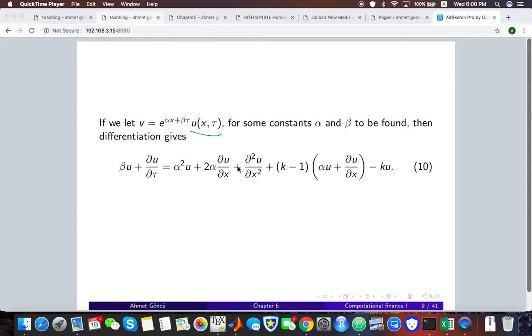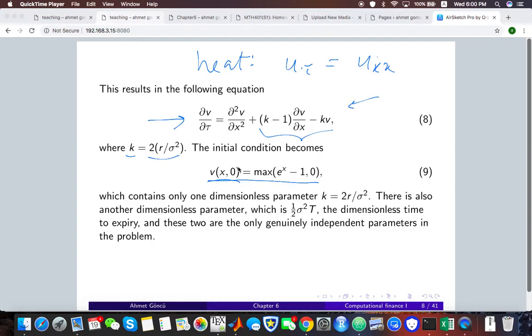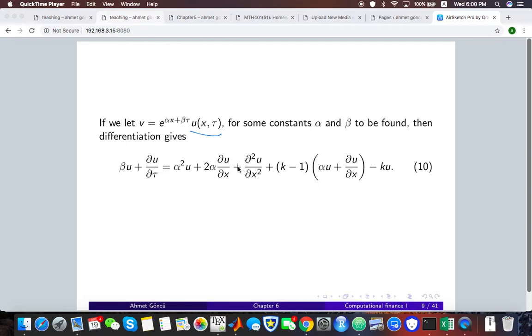By doing this trick and again substituting each of these partial derivatives with respect to tau and x for v, we can now write this equation 10. And finally, remember our goal: we want to get u_tau equals u_xx, which is this term. So everything else in this expression will be set equal to 0.